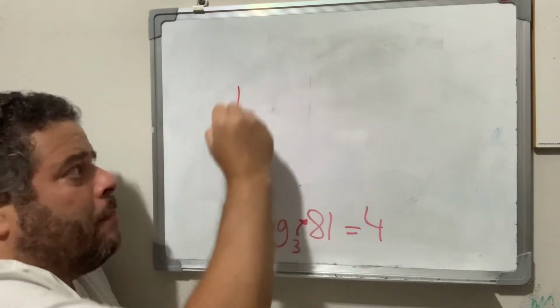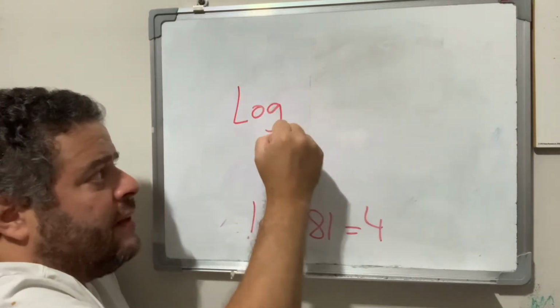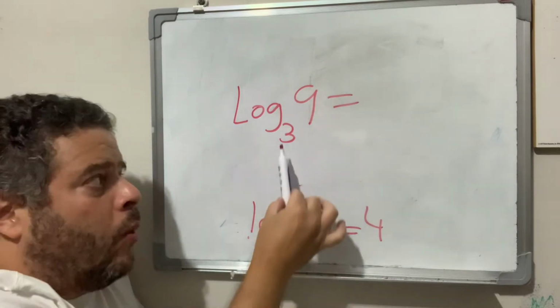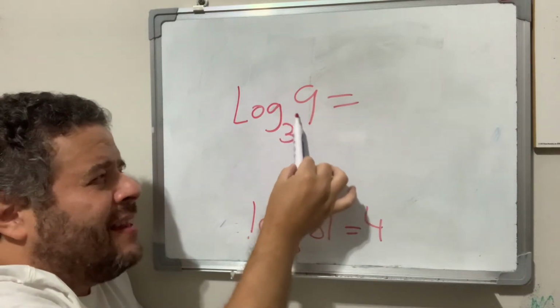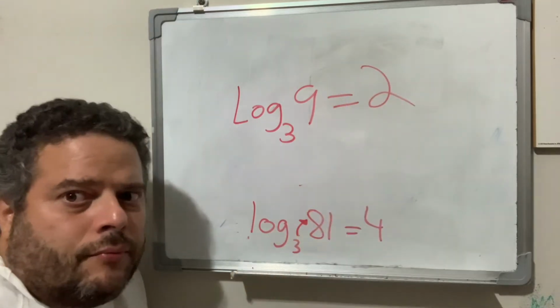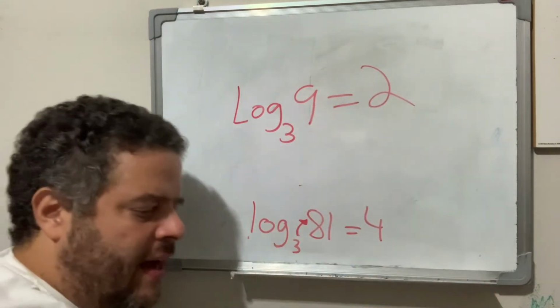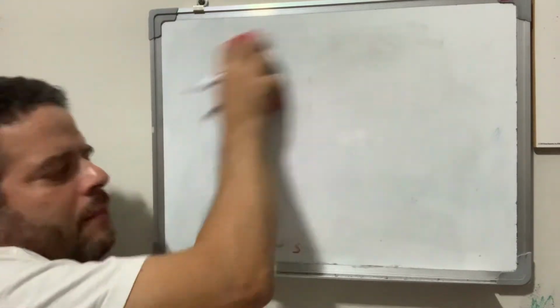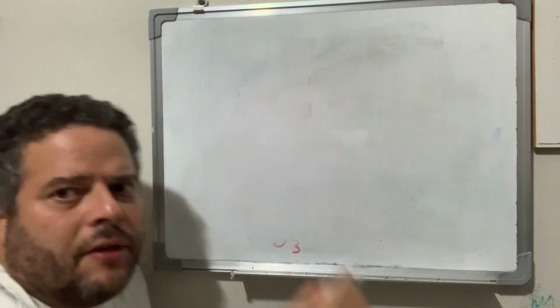So say, for example, I have log base 3 of 9, without using a calculator. What number do I have to raise this by to end up with 9? 2. 3 squared equals 9. So again, that's probably the best way to just quickly do simple logarithms without needing a calculator.